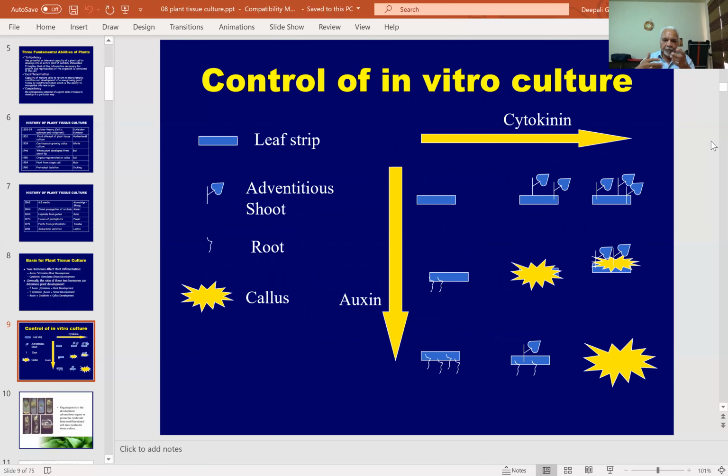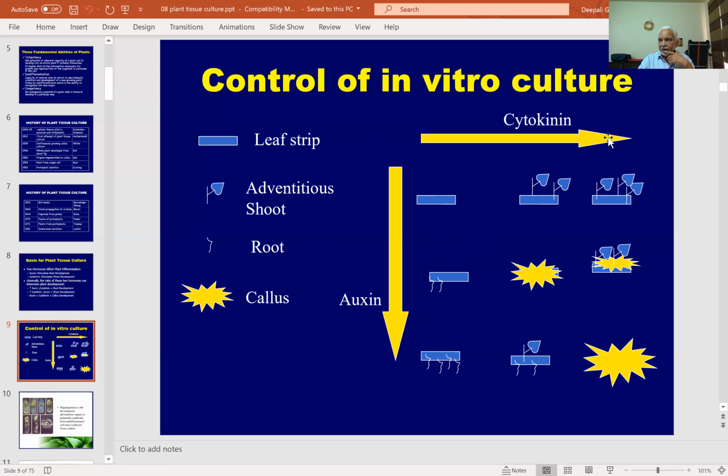So more pictorially, what is seen here is how auxin and cytokinin control this.